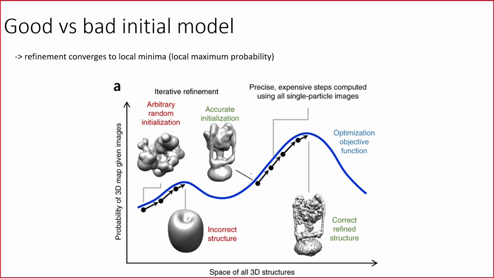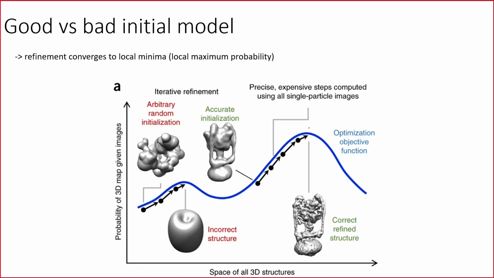Whereas if you initialize your reconstruction or refinement process with a nice model, which is close to the truth, yet is missing the high resolution information, as you can see here, then the refinement process catches well and converges. So here it is going not to a local minimum, but to the maximum of the probability of the correct model.